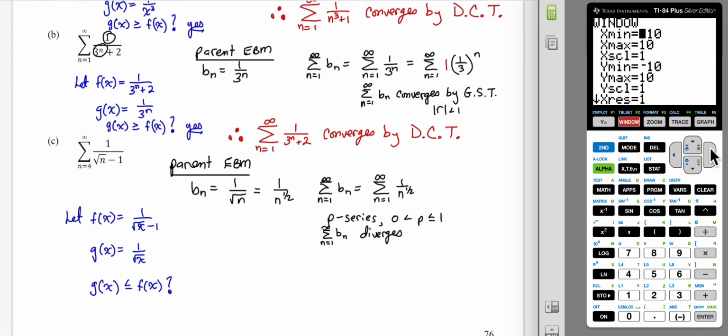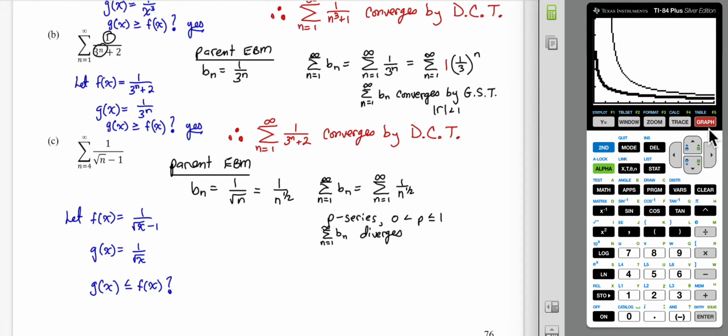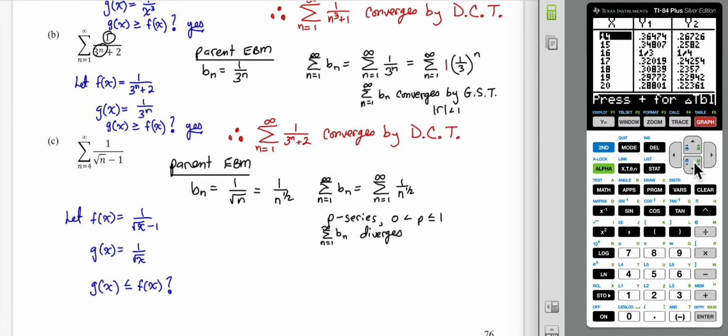All right, so let's just get a closer look. For x min, 0 is fine. For y min, 0 is fine. We don't need to go too big. Let's make that a 5. All right, so it seems to be leveling off in terms of the sequence.